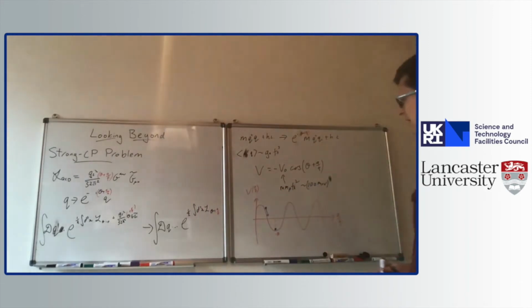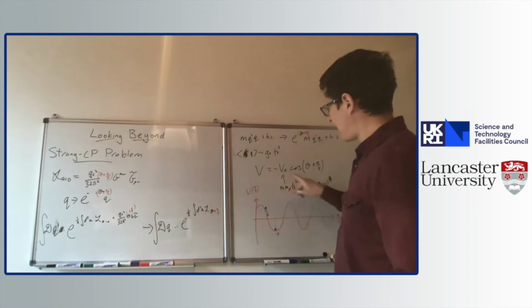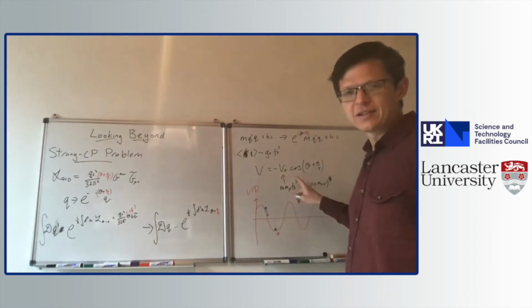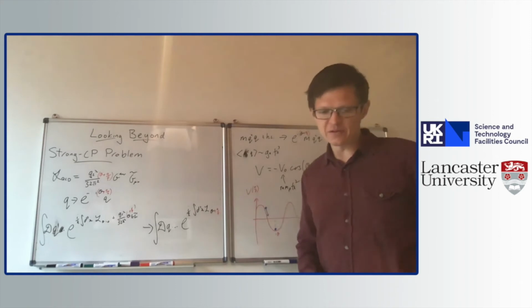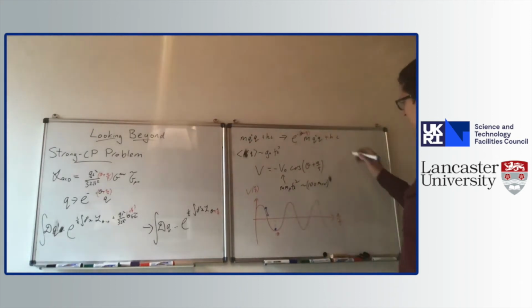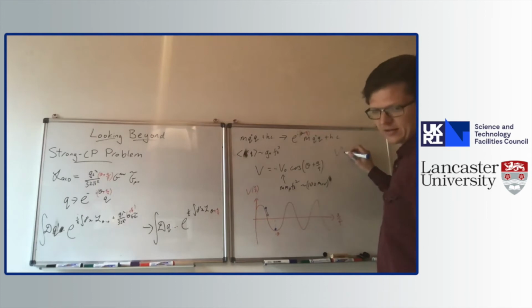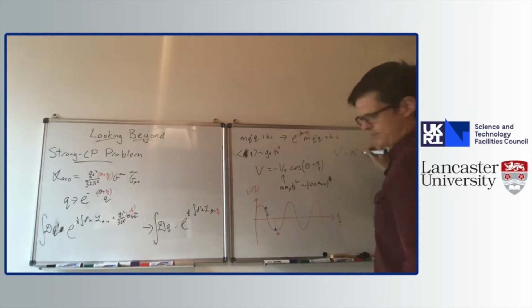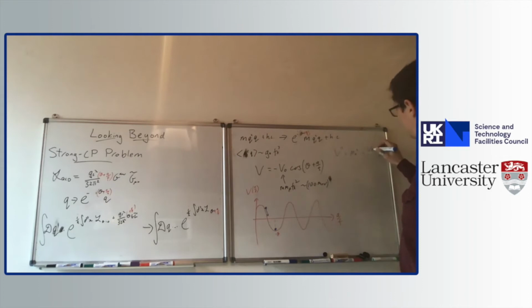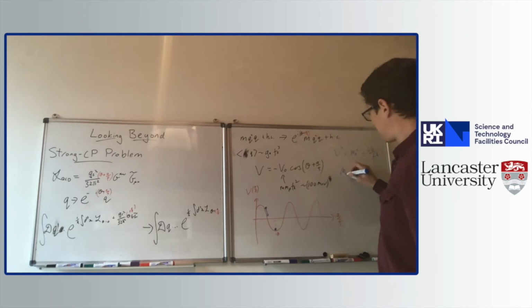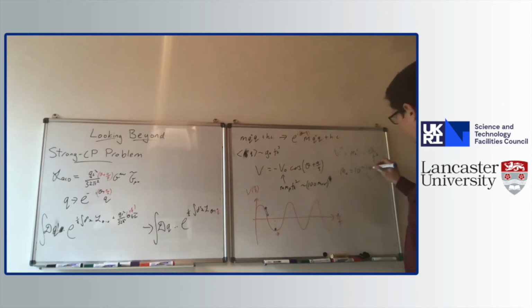And then we can even calculate the mass from this. So the mass is just V double prime, d²V by dA squared, where A is the scalar field. And we get that V double prime is m_axion squared, which is essentially V0 over f squared. And so from this, we can extract that the axion mass is something like 10 to the minus 12 GeV, whenever f_axion is around 10 to the 10 GeV.